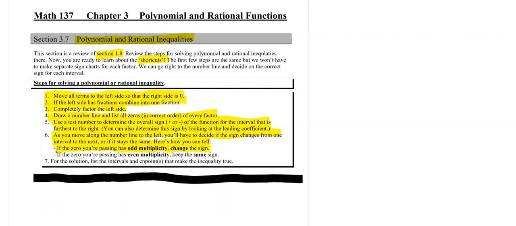But if the 0 has even multiplicity, so that means it came from a factor that was to the second power or fourth power or sixth power, etc., it means it bounces off the x-axis. And that means the sign isn't going to change. If it was positive, it stays positive. If it was negative, it stays negative. So you get the same sign.